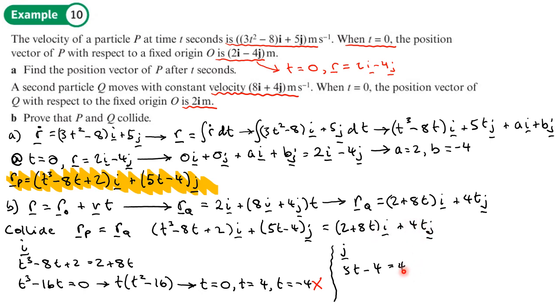That should be 4t because I've got 4t here. I tried solving it and then realised, hang on, it doesn't work. That was my mistake. So if we take away 4t from both sides, we'll get t minus 4 equals 0, which means, there we go, it works now. t equals 4.